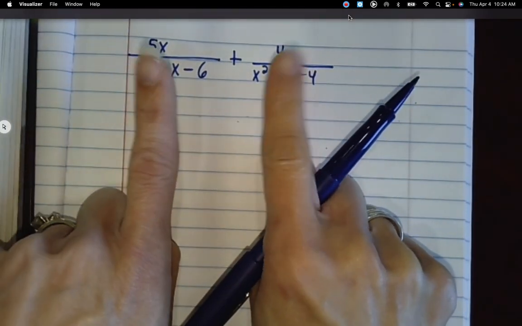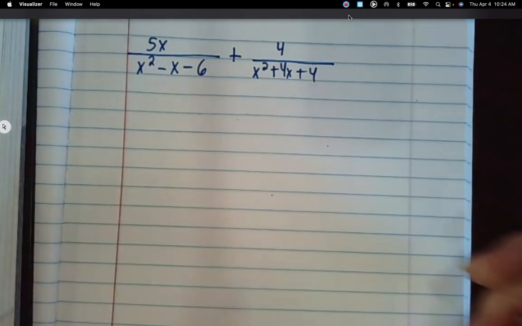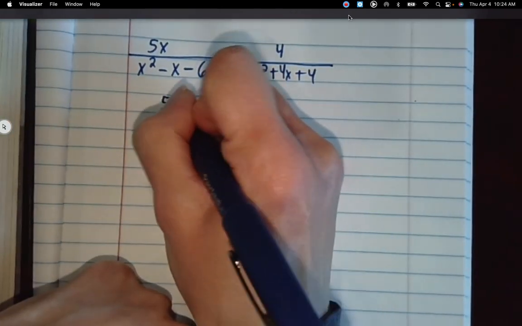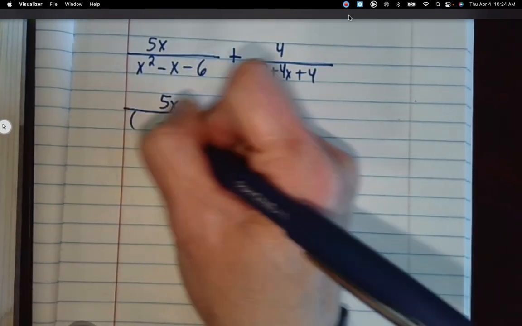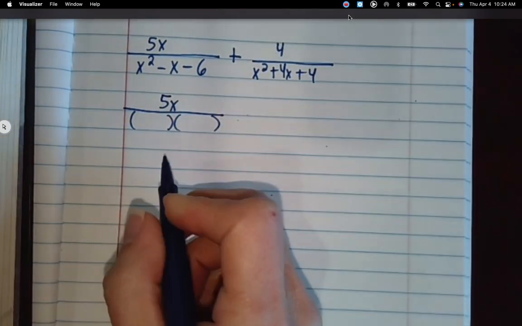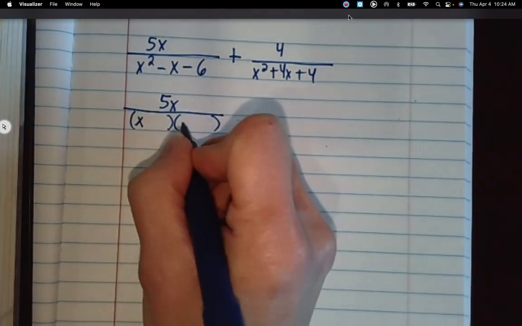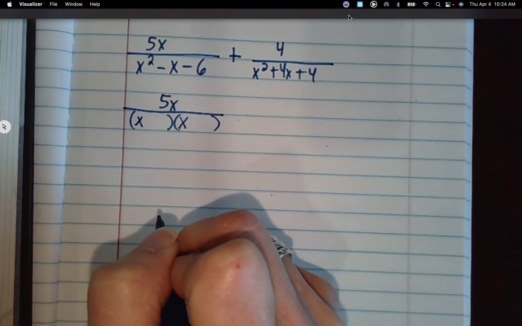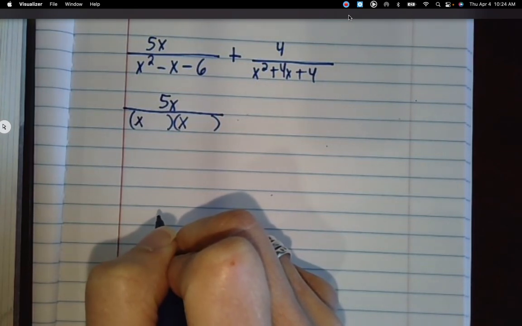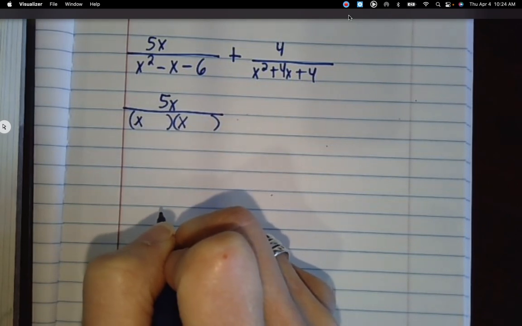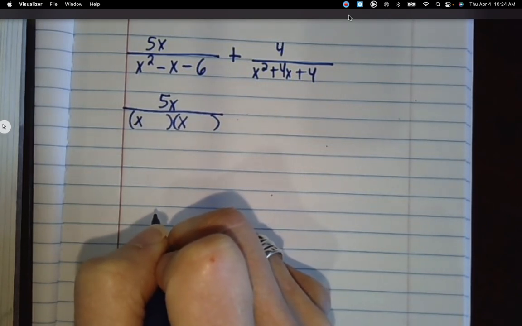I have to factor both of these things, right? So I've got 5x, and let me factor, what does this become? X and x. And then what are my other 2 numbers? 3 and 2. They're going to be 3 and 2. Which one's going to be negative?